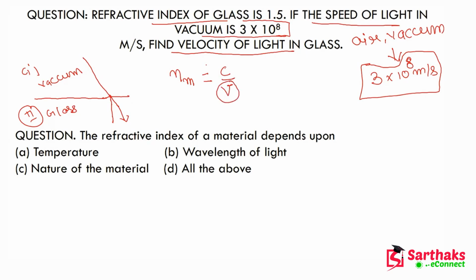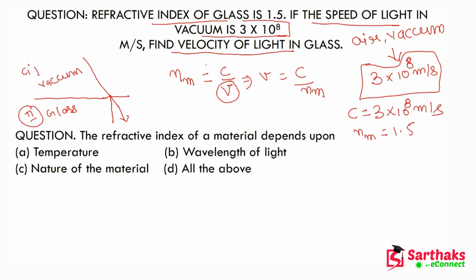Now we have to figure out this v. So we will simply cross multiply, and it will become v equals c upon n m. In this question, we have been given the value of c, that is 3 into 10 to the power 8 meter per second. We have also been given the refractive index, that is 1.5.